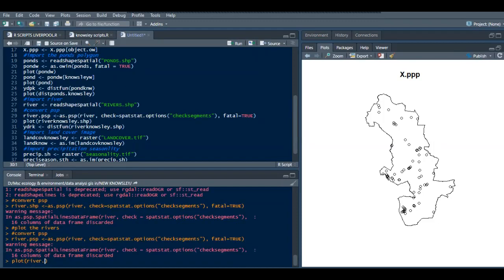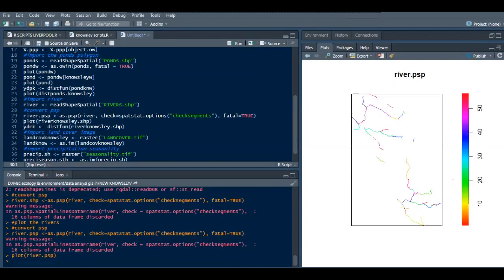So plot the rivers.psp. So those are the rivers. You can see each color is standing for a different segment. Okay, so that's the method we've used. And then I need to correct my code here, because I may drop it in the link below.